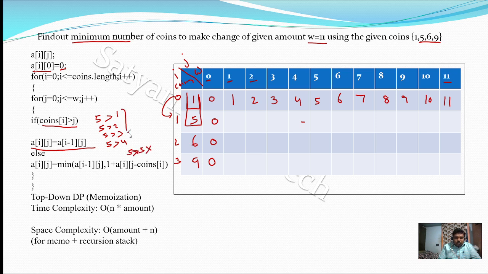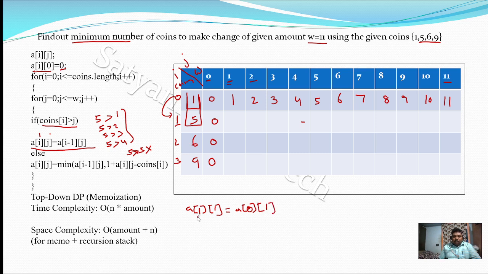So up to this point, you can store the previous value, for example here I value is 1 and j value is 1. So here it is a of 1 1. So I am writing a of 1, j value is also 1, and a of I minus 1, that is 1 minus 1, a of 0, and a of j, that is 1.